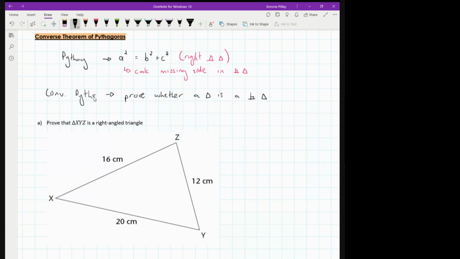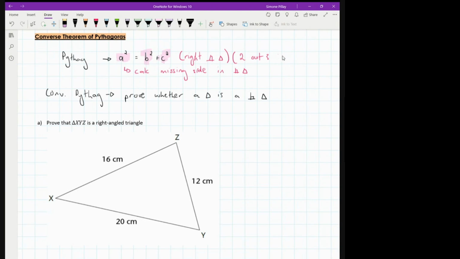My goodness, I don't know what's happening with my spelling and my writing today. But anyways, we have our normal Pythagoras. I'm going to go over it again. Our normal Pythagoras: a squared is equal to b squared plus c squared. Remember, we're going to use this when we know we have a right angle triangle. And the other thing we said is that we use it when we have 2 out of 3 side lengths.